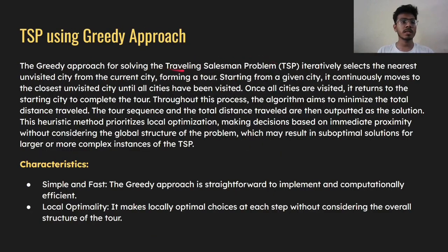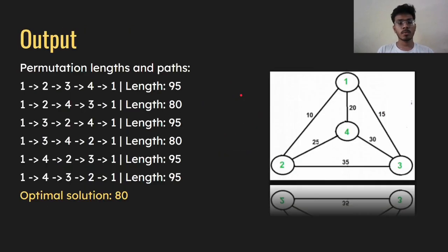Now we'll be explaining the greedy approach. The greedy approach iteratively selects the nearest unvisited city from the current city, forming a tour. Starting from a city, it continuously moves to the closest unvisited city until all the cities have been visited. Taking this example again, if we are selecting 1 as the starting city, then it has three options, either 2, 4, or 3.